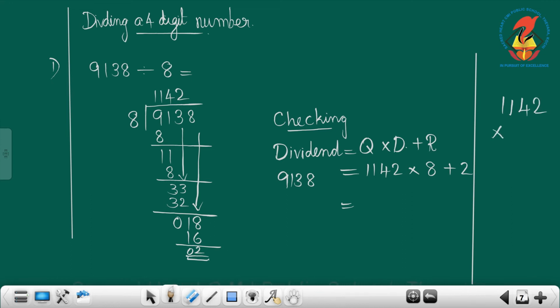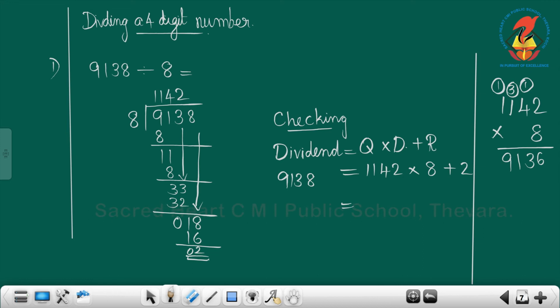1142 multiplied by 8. 8 2s are 16, 6, 1 is carry over. 8 4s are 32 plus 1, 33, 3 write down and 3 is carry over. 8 1s are 8, 8 plus 3, 11, 1 is write down, 1 is carry over. 8 1s are 8 plus 1 is 9.